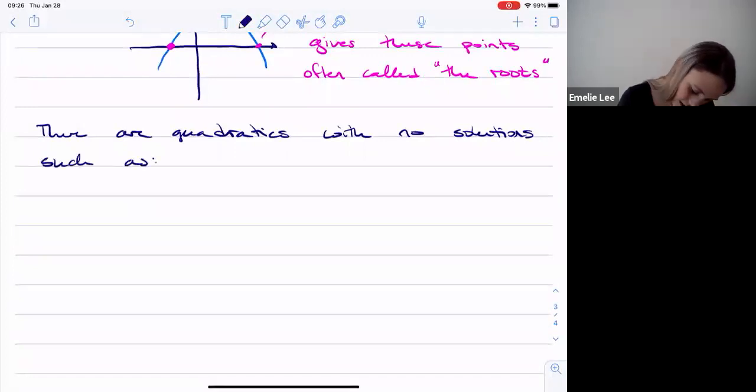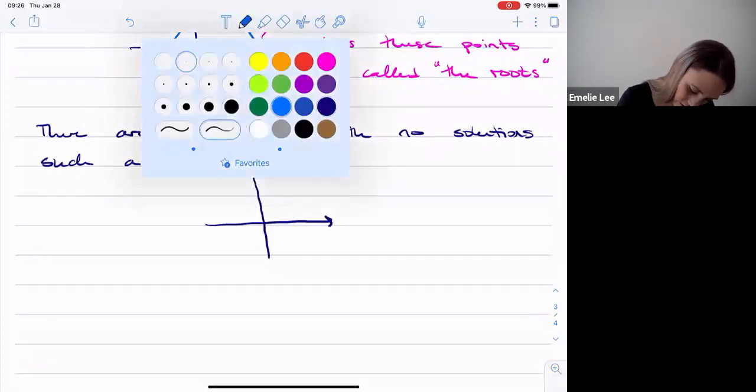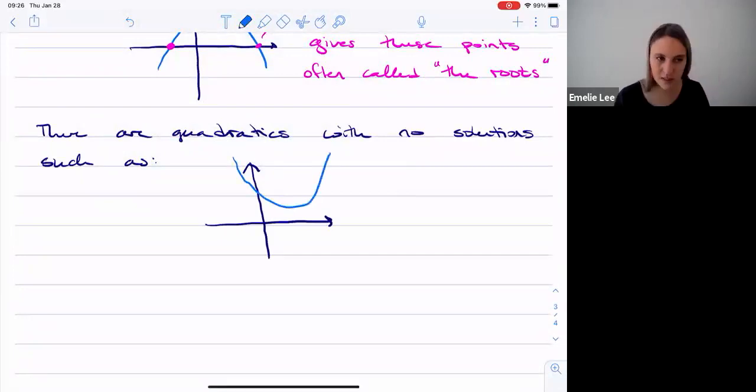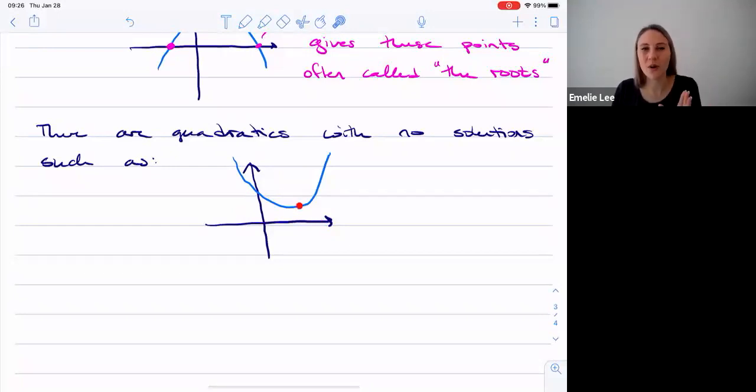Such as, if you think about a parabola that maybe looks like this, well, it'll never cross the x-axis because the lowest point is up here, right? And so it doesn't have any solutions, and that's fine, and I'll show you what that looks like.